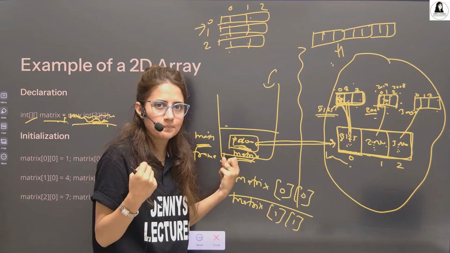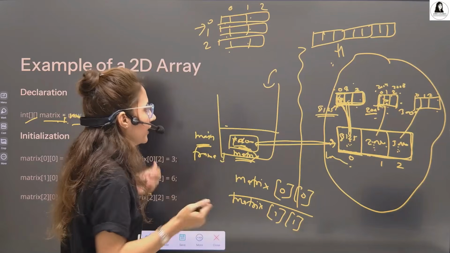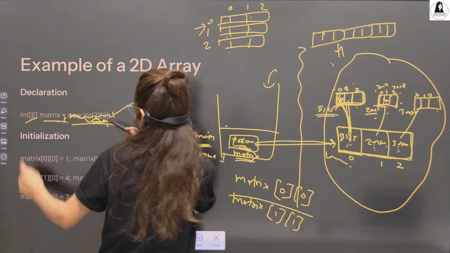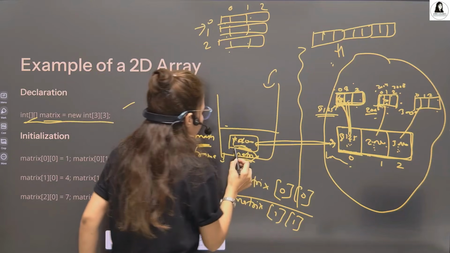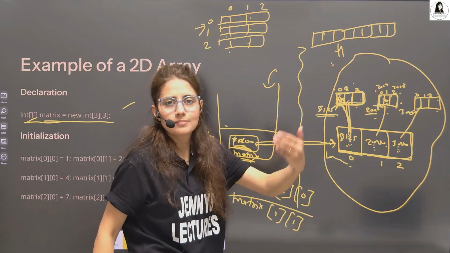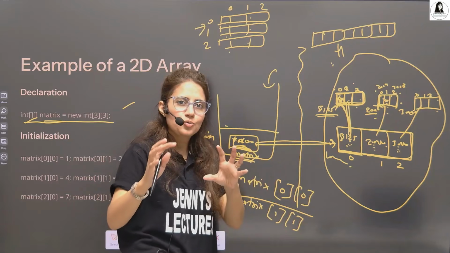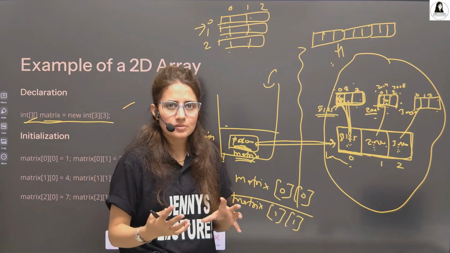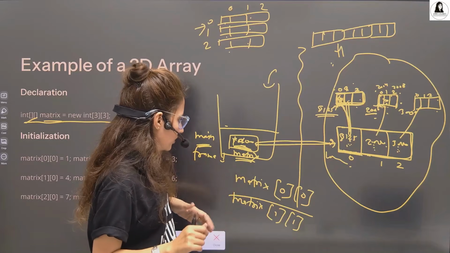Now after writing this complete line, if you print matrix, it will give you some hash code type thing, not the exact memory address, but a hash code regarding that memory address. Let me show you this thing.